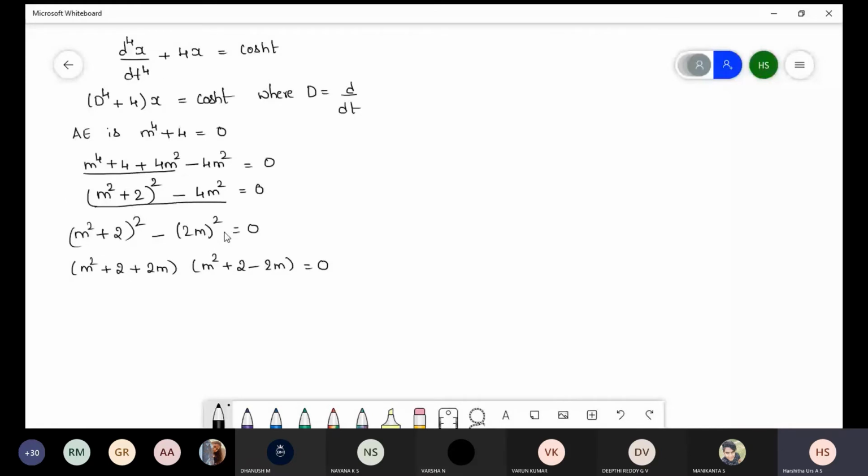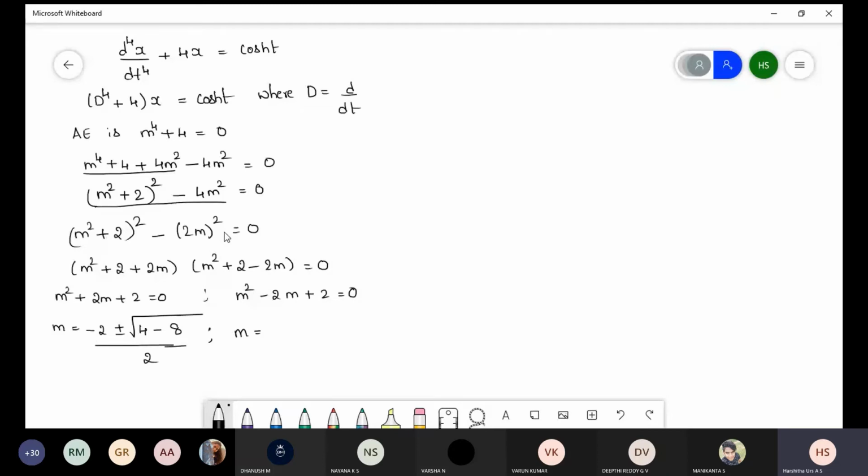Now we will see the next method. Here first I write m square plus 2m plus 2 is equal to 0, and here m square minus 2m plus 2 is equal to 0. For this I apply the quadratic equation formula, that is m is equal to minus b plus or minus root of b square minus 4 into a into c, divided by 2a.